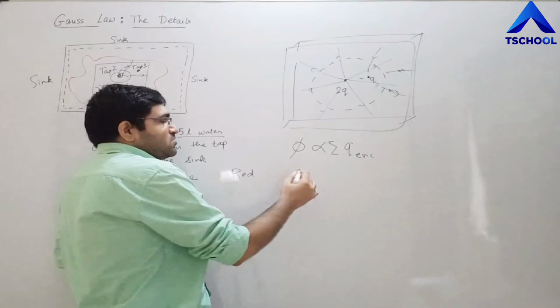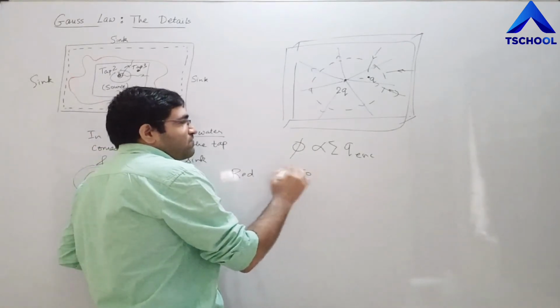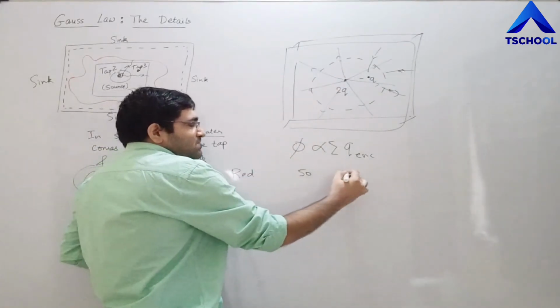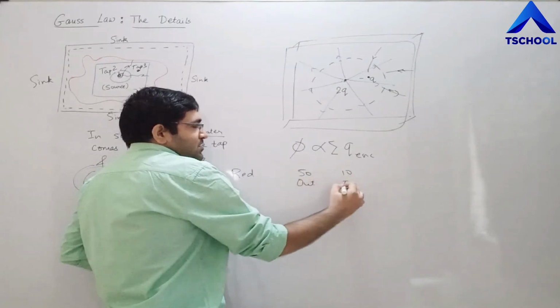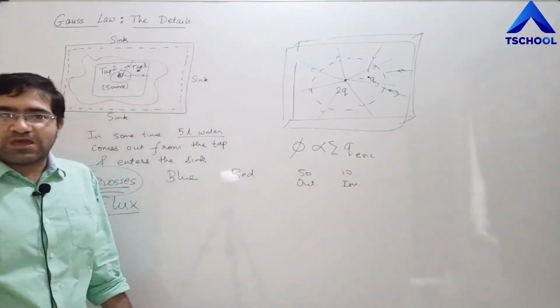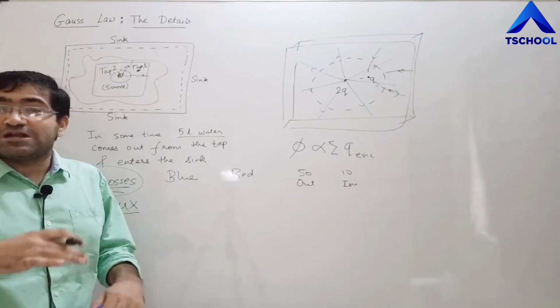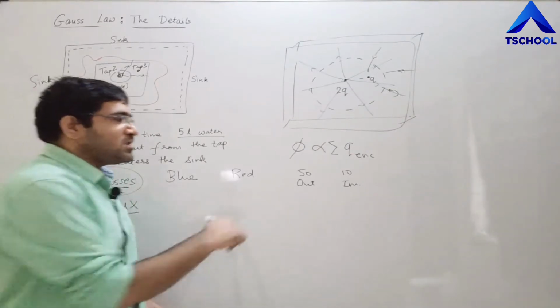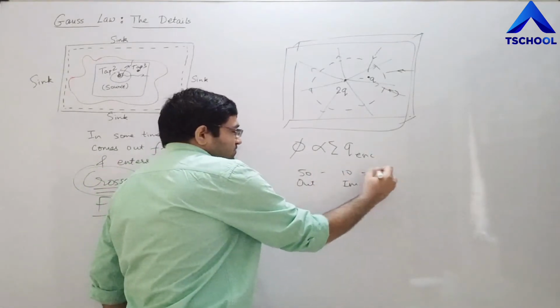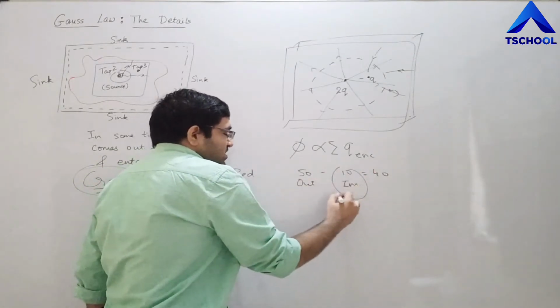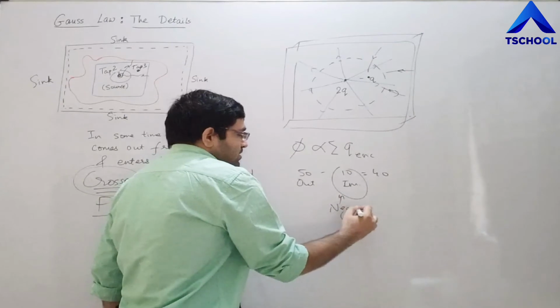Let's say we have 50 flux going outside but 10 flux coming inside. So the net flux going outside is only going to be 50 minus 10, that is 40. So this is what negative charges do, right?